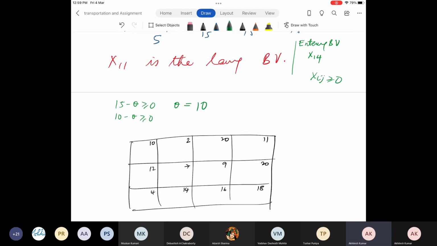Now since my new theta equals 10, 15 minus 10 is 5, 0 plus 10 is 10, 15 as it is from earlier, and this becomes 0. So x24 is the leaving basic variable. I should not put 0 here because it is a non-basic variable now. And other assignments are as they were, where we have not touched anything.